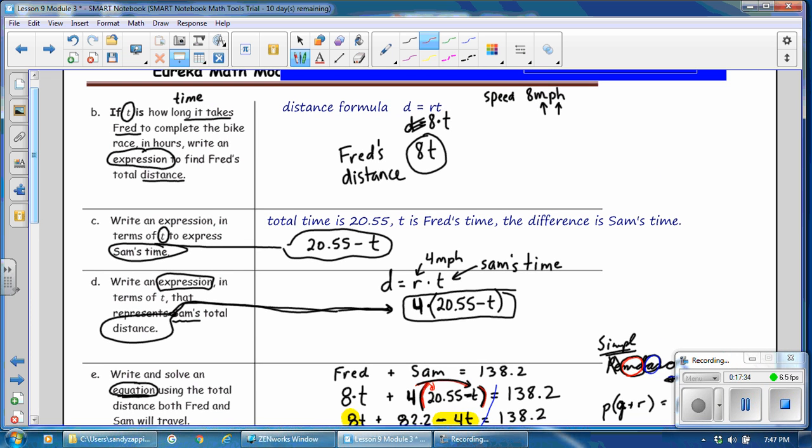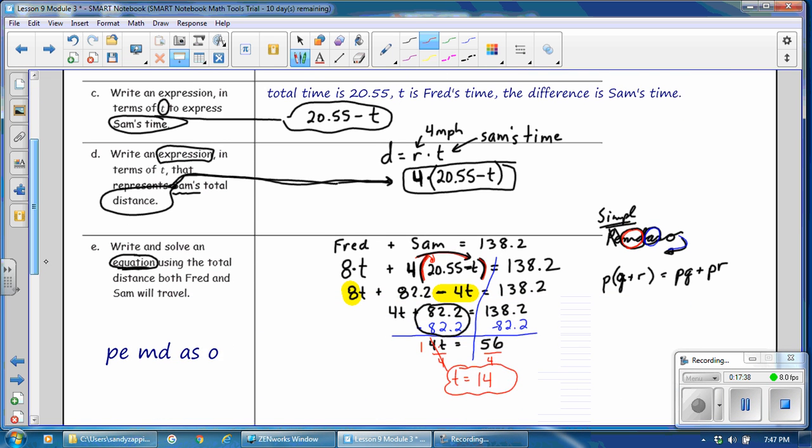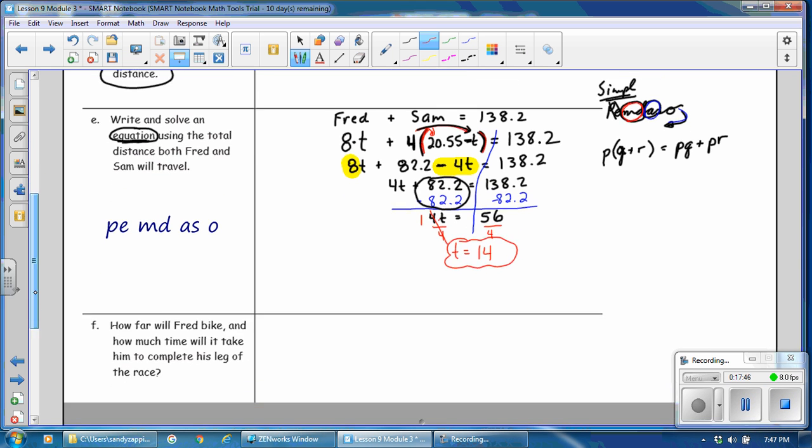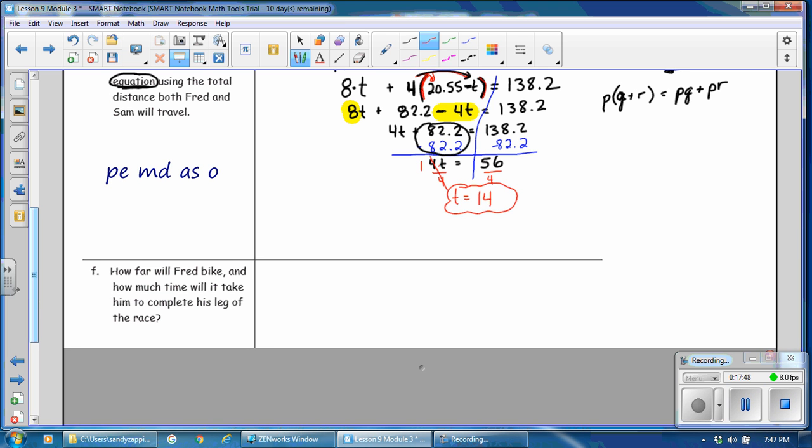T is how long it takes Fred to complete the bike race in hours. And then here's another t right here. For Sam's time is 20.55 minus t. So t represents Fred's time. So it says, how far will Fred bike? Well, t is Fred's time. So let's go ahead and label that. Fred's time is 14 hours.